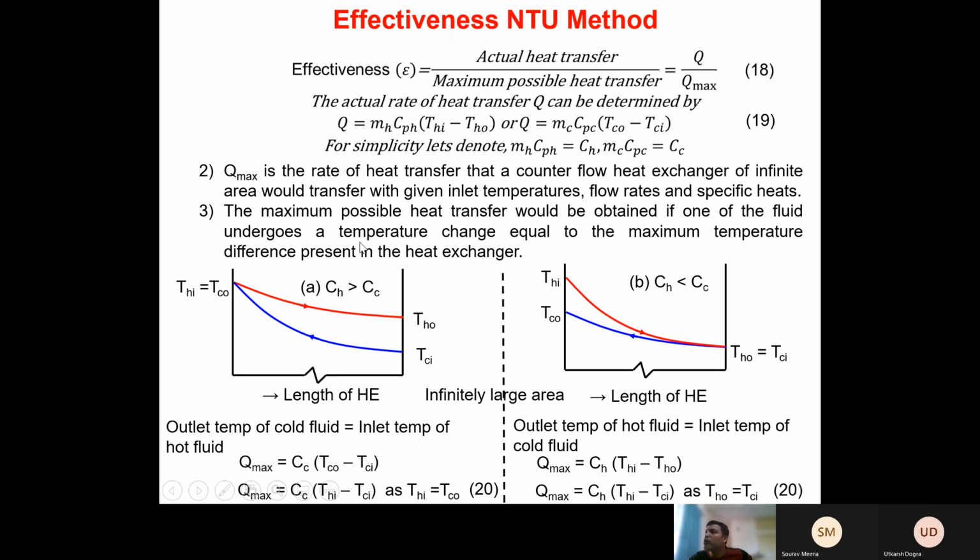So eventually, if we give an infinite length heat exchanger, this cold fluid, which is entering at a lower temperature T_CI, will eventually reach the highest possible temperature present in the heat exchanger, which is nothing but T_HI.